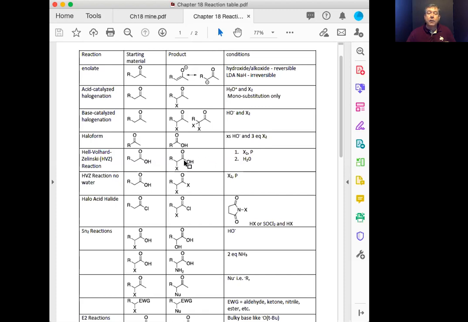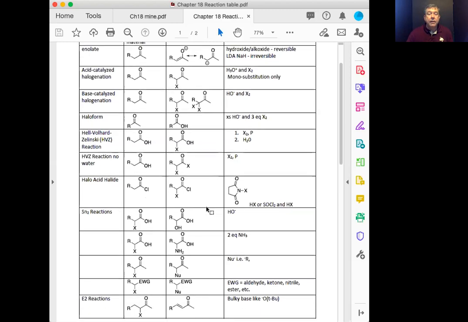So you have your alpha halo acid here, but if you don't add the water, you're going to end up with these being halogens. Okay. And the other condition that allows you to do that is this one right here, where we have our thionyl chloride and our acid, or our NBS and our acid, will also generate these kind of mixed halo compounds.